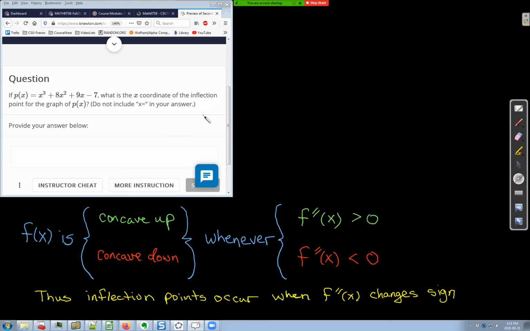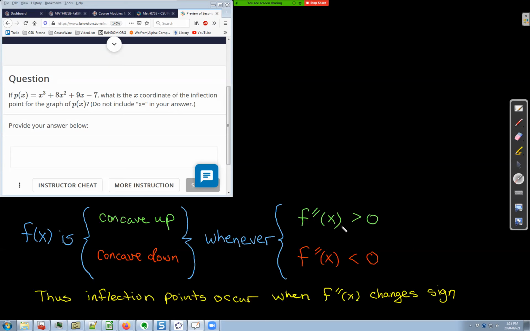So, all right, how are we going to do this? The thing about concavity is that the original function is concave up whenever the second derivative is positively valued, and concave down whenever the second derivative is negatively valued.